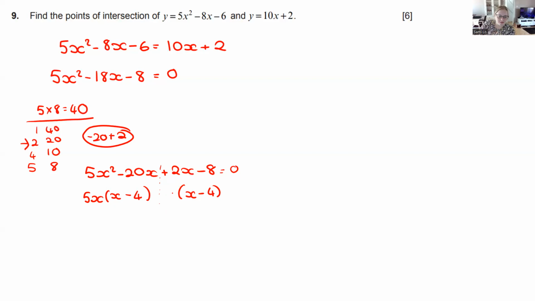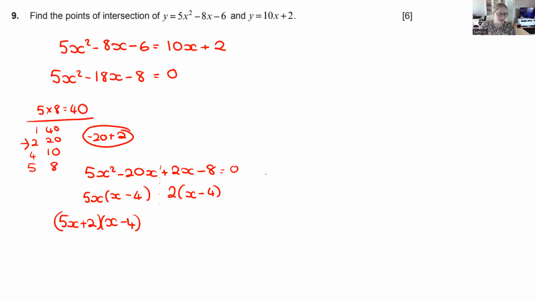And x times what gives us 2x? Well, we know straight away that's 2. Once we're at this stage, nice and easy, we're going to do x minus 4, and we're going to have 5x plus 2. Personal preference which way around you have it.